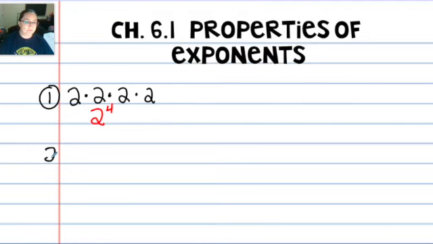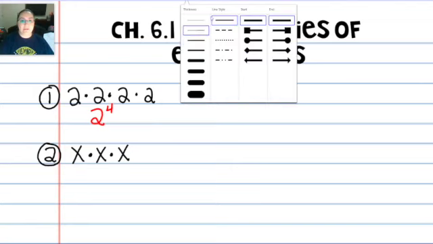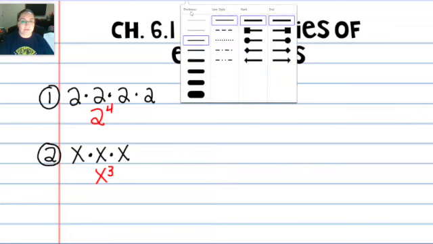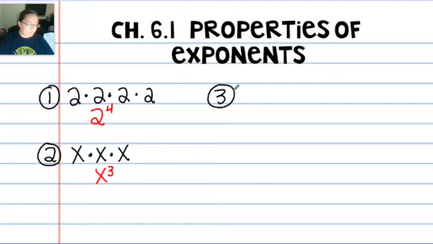Yeah, not too bad, right? Let's go to number 2. Okay, so we're going to write this expression using exponents. So we have x times x times x, okay? So here, how would you write this using exponents? This would be x to the 3rd power. Okay, let me erase that. Let's go ahead and look at number 3. Number 3 says 1 over 4 times 4.